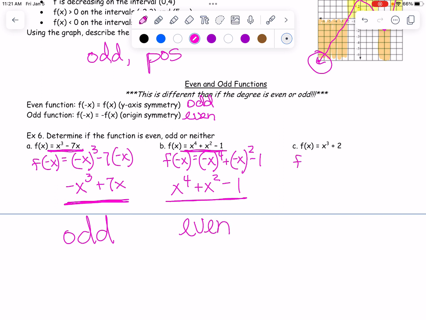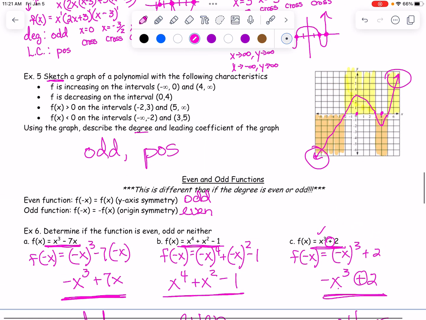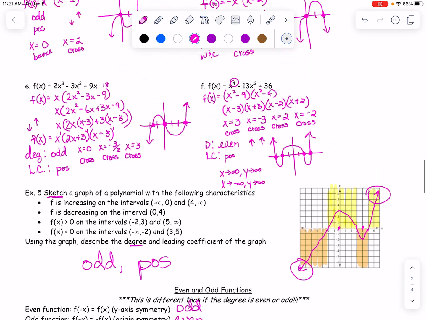For the next one, I'm going to replace x with a negative and simplify. This would be negative x cubed plus 2. I'm going to compare this one to the original. The negative x cubed changed, but the 2 did not. It stayed the same. So it's a mixture of changing and staying the same. This is neither. And that is our lesson over graphing polynomials.